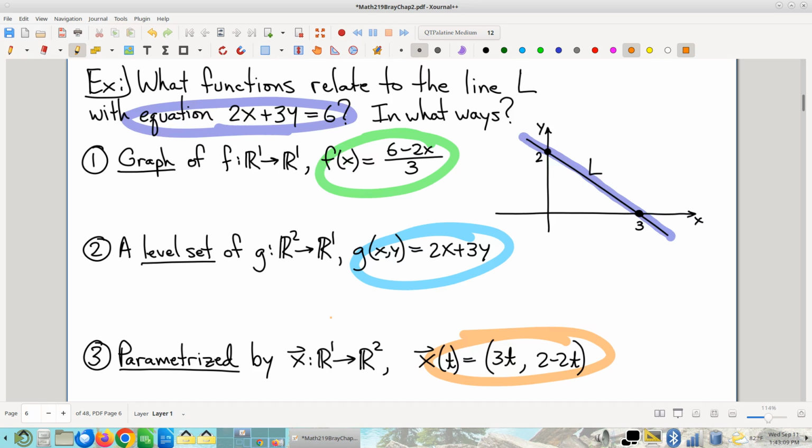And there will be a completely different, importantly, completely different calculus of level sets. And there will be a completely different calculus of parameterizations. And if you apply the wrong kind of calculus to the wrong function, then you're going to get a bunch of nonsense garbage. It's a very, very dangerous problem.